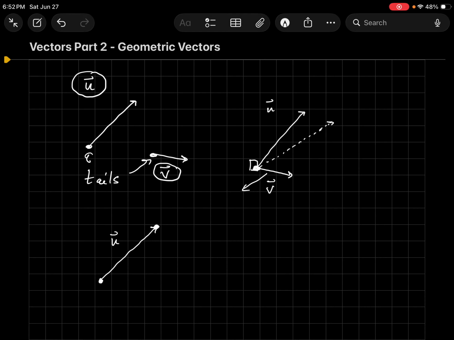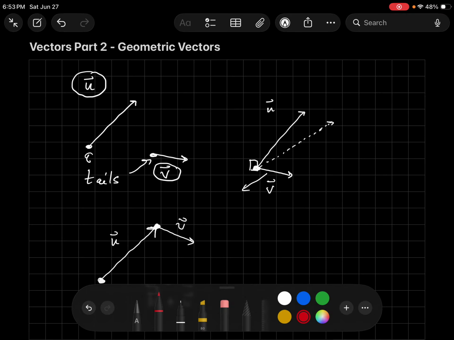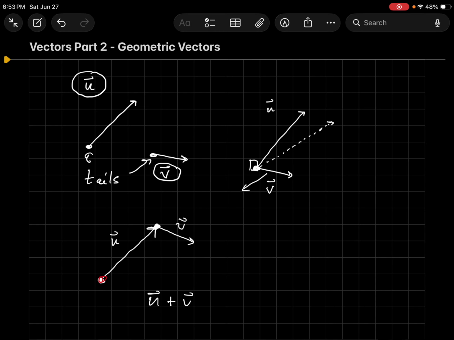So I'd start u down here, and I'd draw it up to here, and then I'd restart v where u ends, like this. And then the vector that I want, u plus v, because that's really what's happening, right? My two forces or my two vectors being added. The vector u plus v is the vector that takes the shortcut across from where I started to where I finished. Just like that.